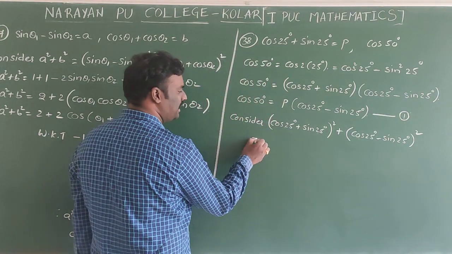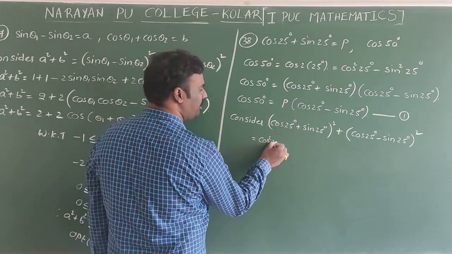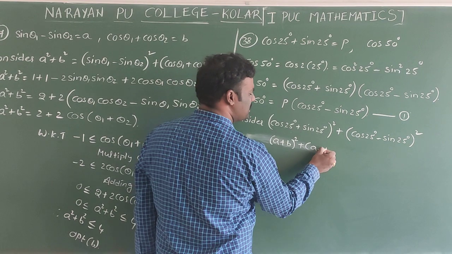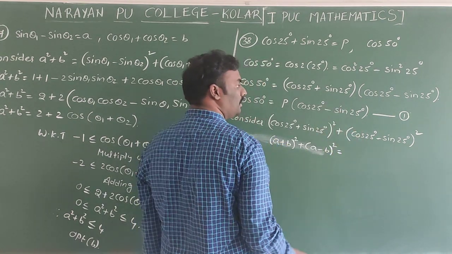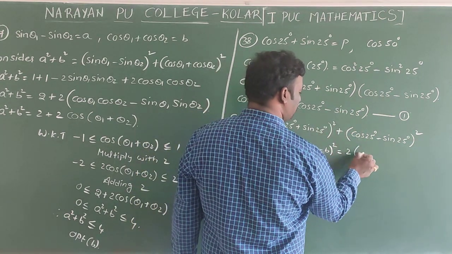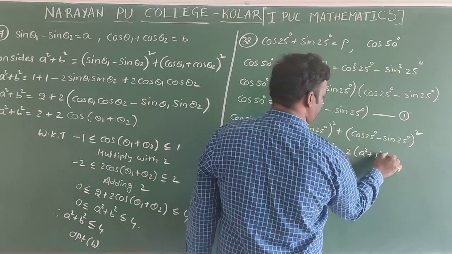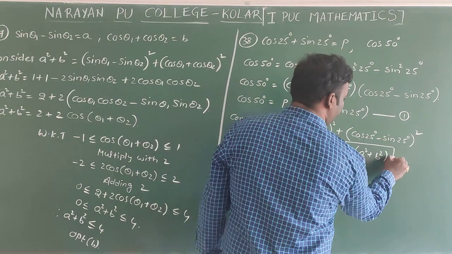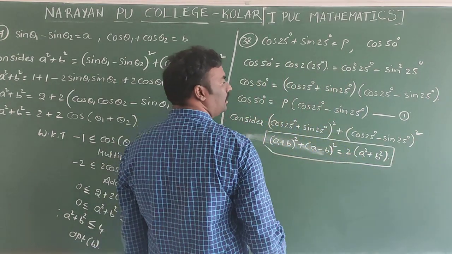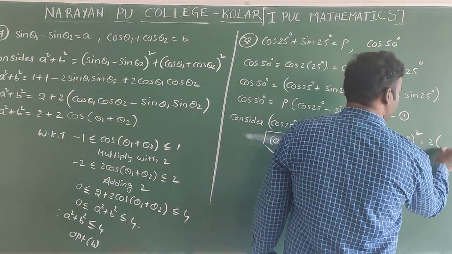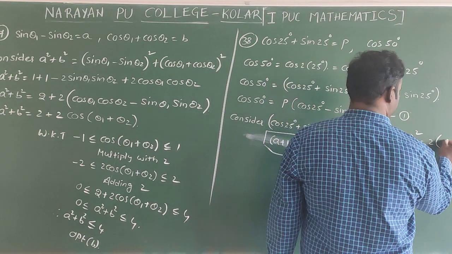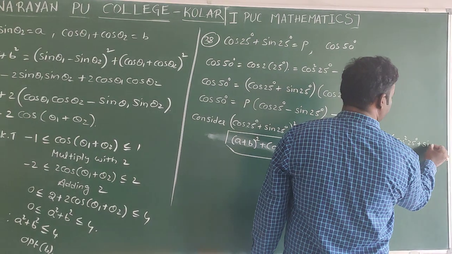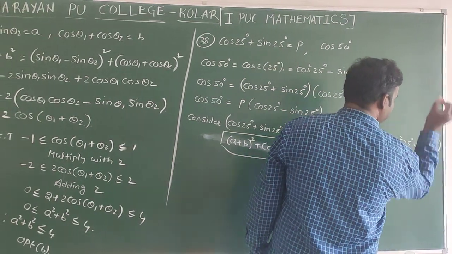See, I am simplifying here. It can be written in the form of a plus b whole square plus a minus b whole square. That is nothing but 2 into a square plus b square. That is nothing but 2 into cos square 25 plus sin square 25.